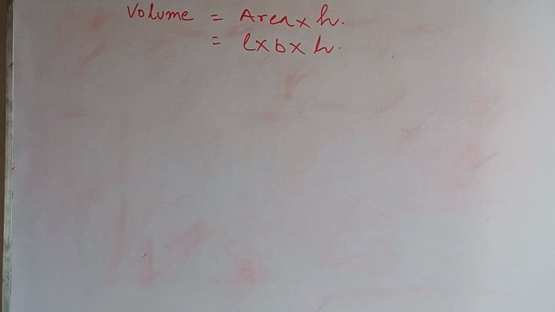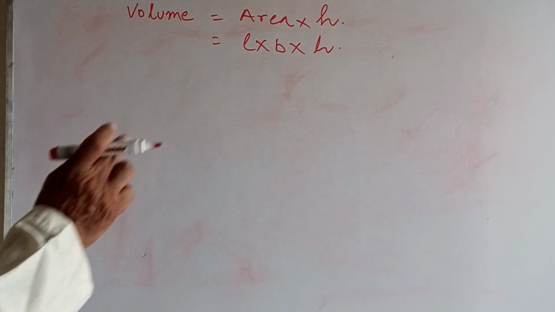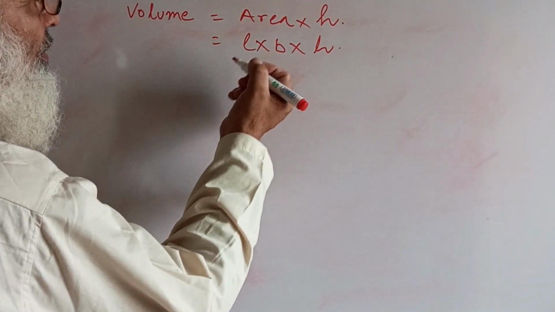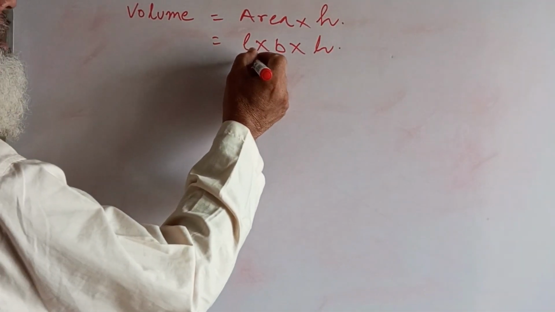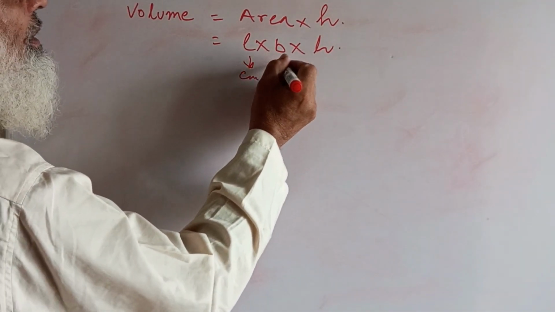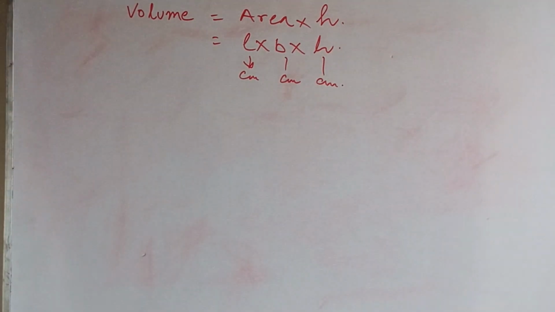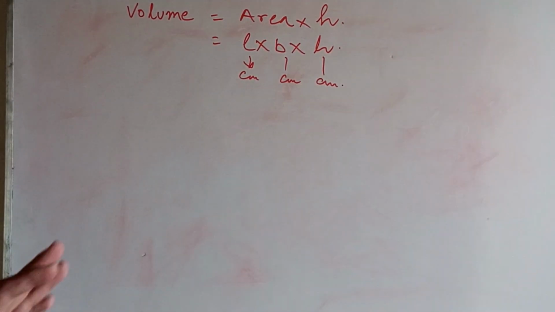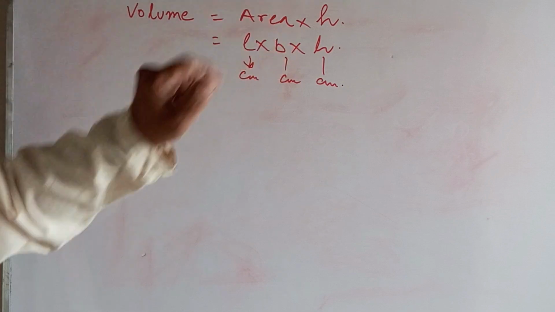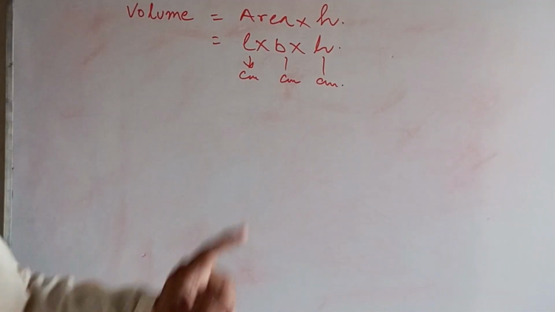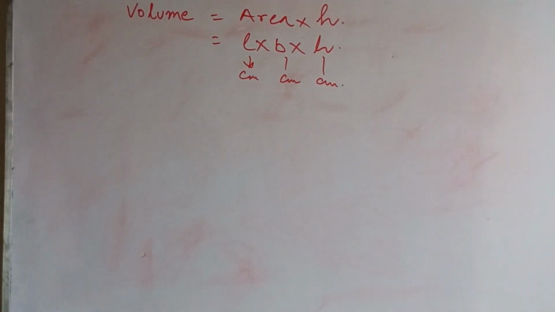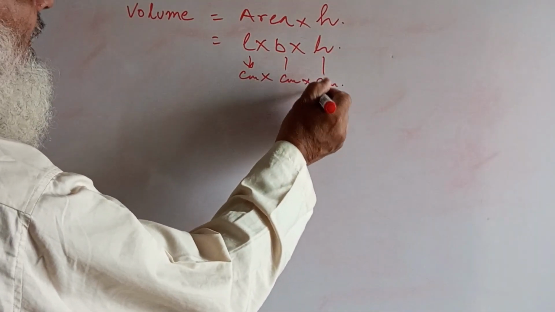Now you see that the very first thing is that if it is in centimeter, this will also be in centimeter. When there was area, it was in square. Now the third dimension has also come in. So what will be our net result?